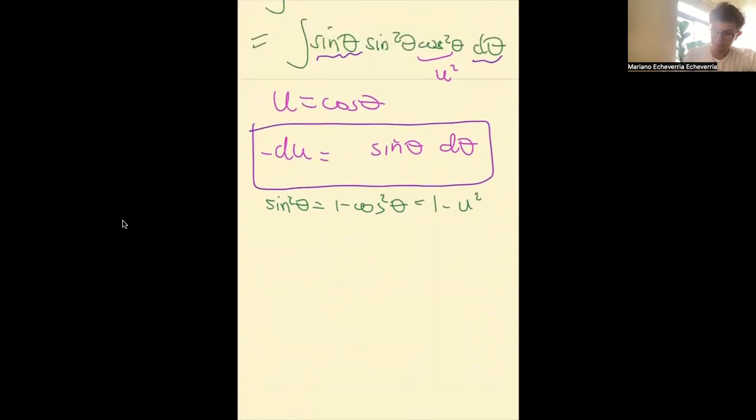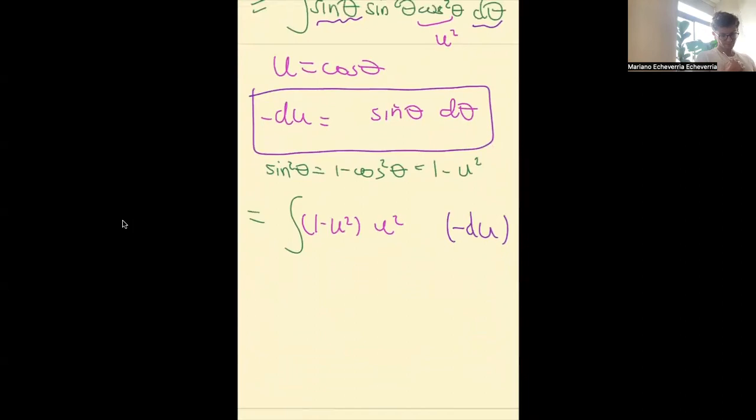And now you do have everything in place to replace. So sine of theta d theta becomes minus du. Sine squared becomes 1 minus u squared. Cosine squared becomes u squared.